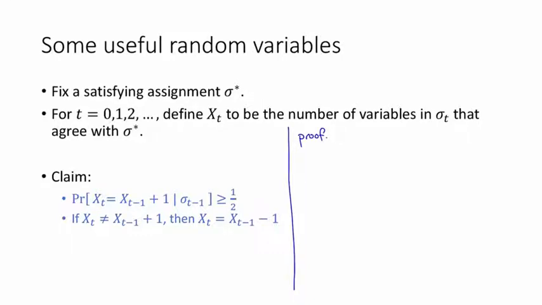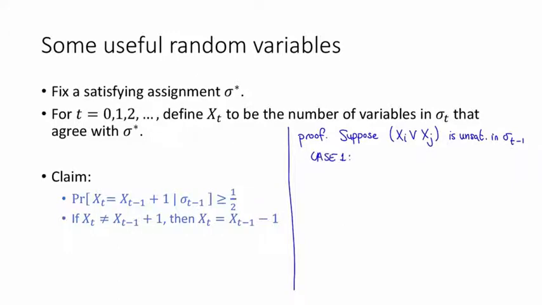Suppose the clause that was violated in sigma t minus 1 looks like xi or xj. You can check afterwards that the argument that we're about to give doesn't care if these are negated or not. So for simplicity, let's just assume it looks like that. Now there are a bunch of cases.